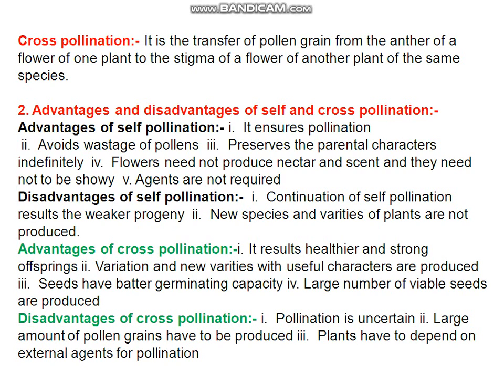Then a large amount of pollen grains have to be produced because there is a chance of wastage of pollen grains. Plants have to depend on external agents for pollination. Without an external agent, pollen grains will not be transferred from one plant to another plant. That is why in case of cross-pollination, external agents are required.